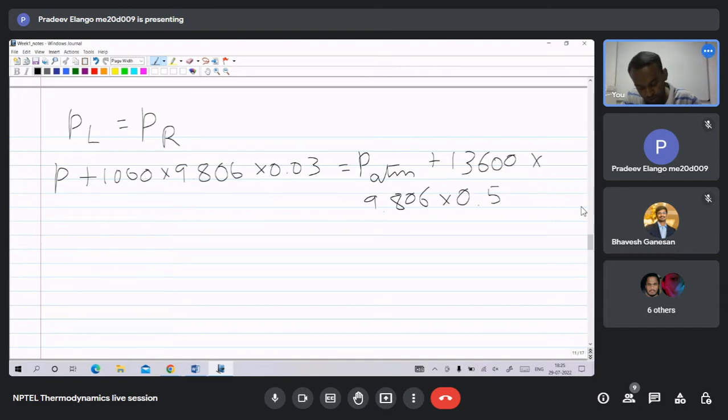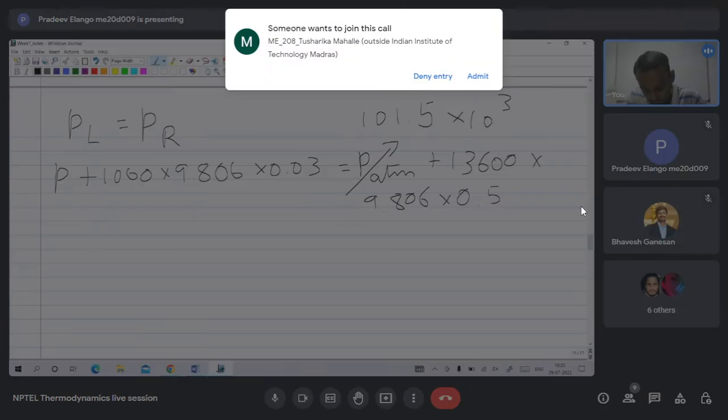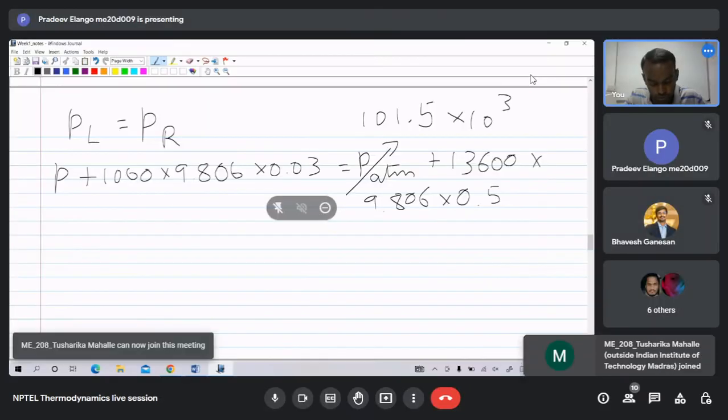Here we know P atmosphere to be 101.5 kilopascal, or 101.5 into 10 power 3. Every time we should ensure that we use SI units, so even if we know it in kilopascal, we should convert to pascals.